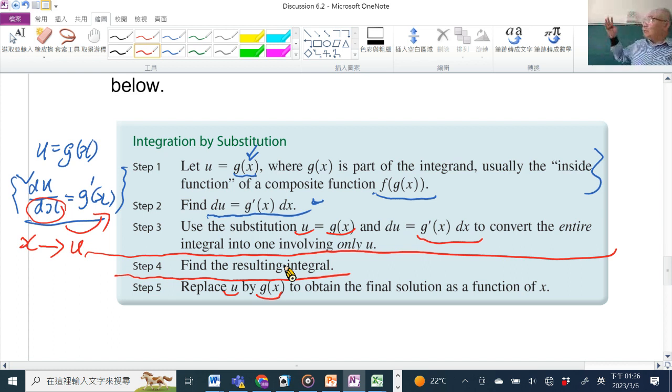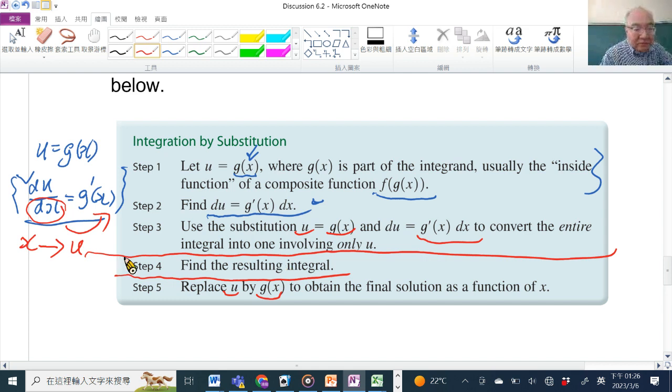So basically you have five steps. First, identify which function you are going to replace, and calculate du along with dx. What is the relation between du and dx? Then rewrite your whole integration into an integration with variable u.